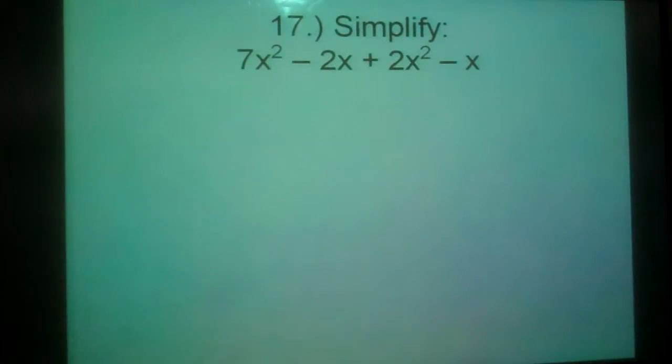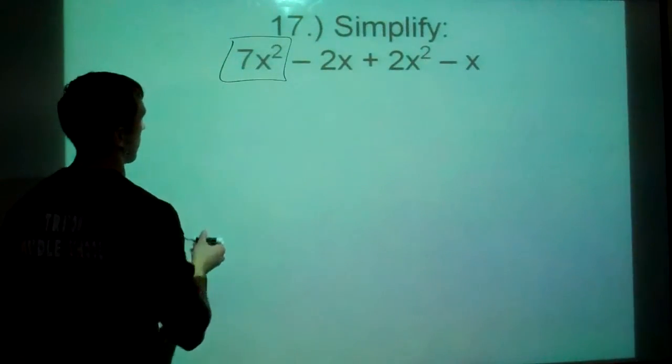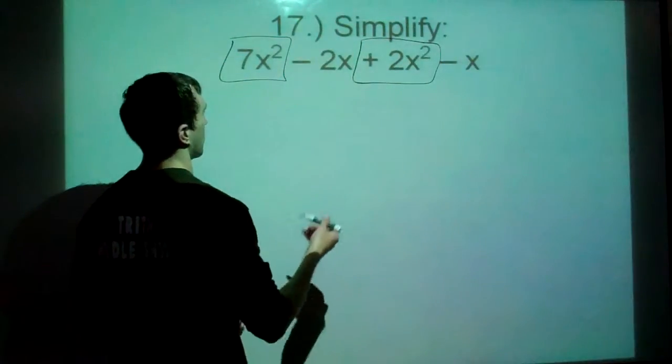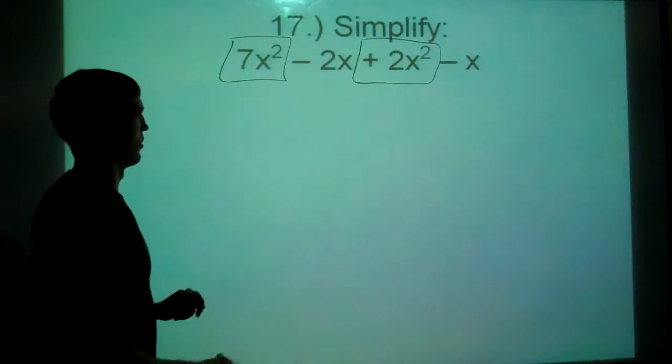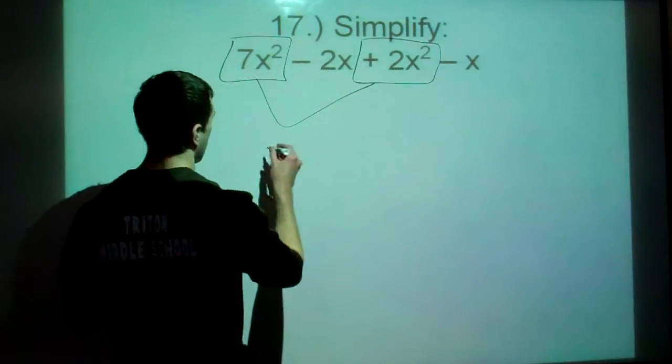Alright, number 17. This is a simplify. We cannot solve for x, but we can combine like terms. So anything that looks like that, we can combine with anything that basically has an x squared attached to it. So 7 plus 2 is 9.